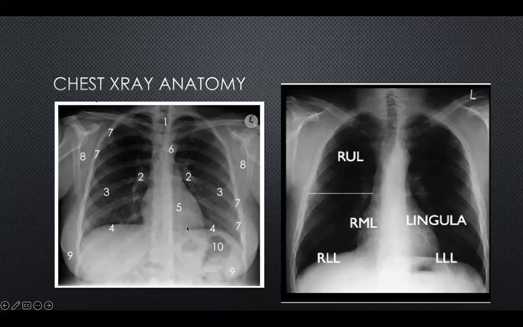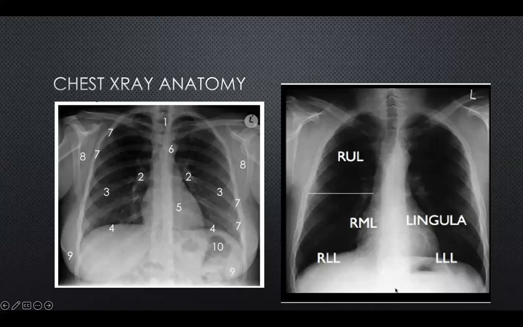This is especially the left side of the heart. Number 6, the aortic knuckle, the aortic arch. Number 7, pleura. I think that's what it's pointing to. Number 8, your scapula. And number 9 is breast shadows.